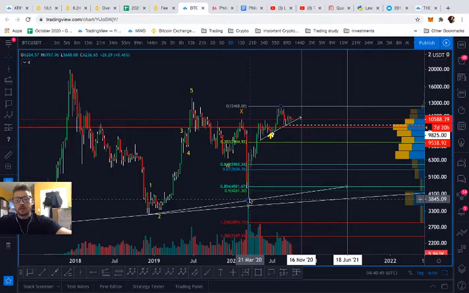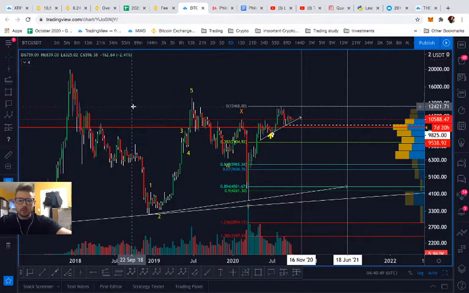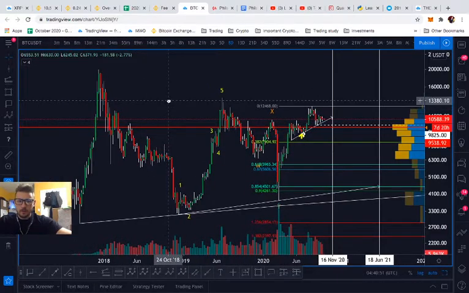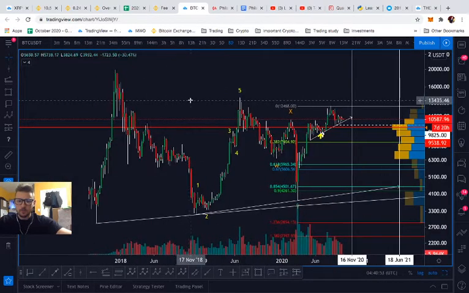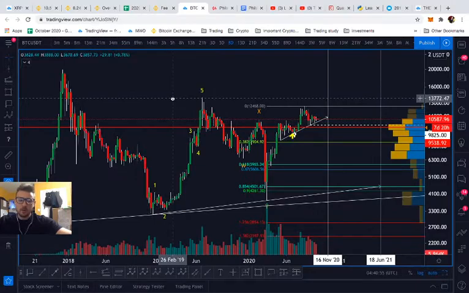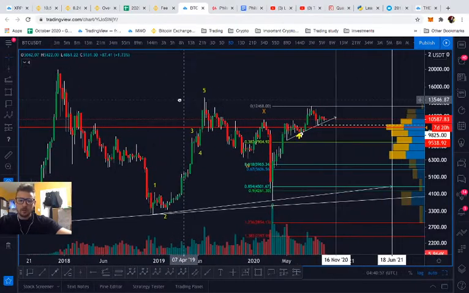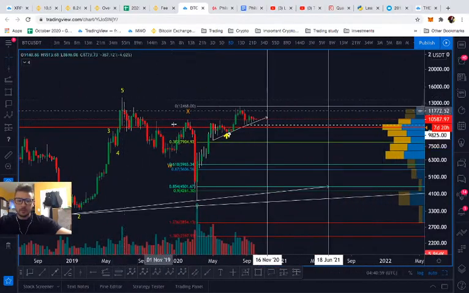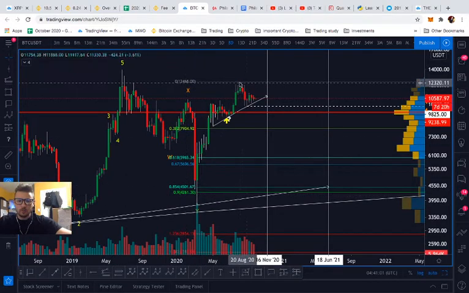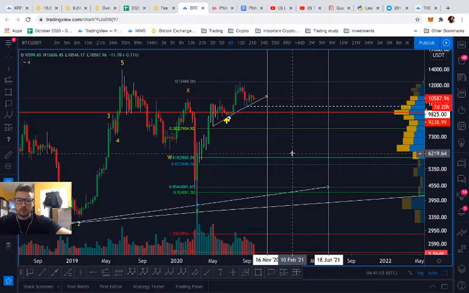If you have any tips or corrections, I'm 100% open to that. But this is how I'm looking at the wave, okay? And I believe that this is going to be a 1 2 1 2 to the downside.